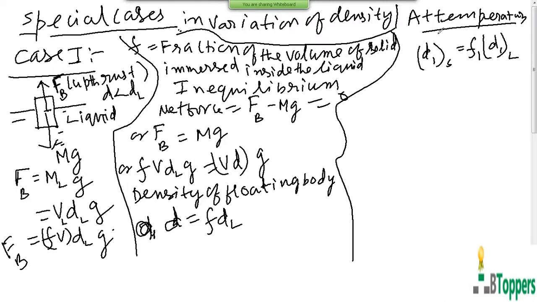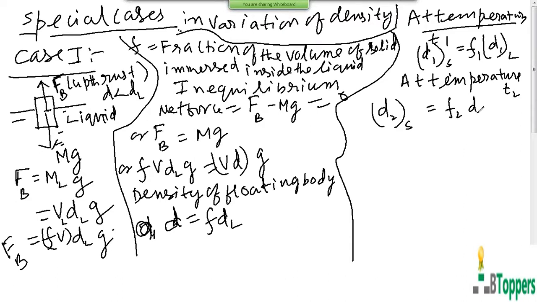Similarly, at temperature T2, the density of the solid at temperature T2 can be written as F2 into the density of the liquid at temperature T2.